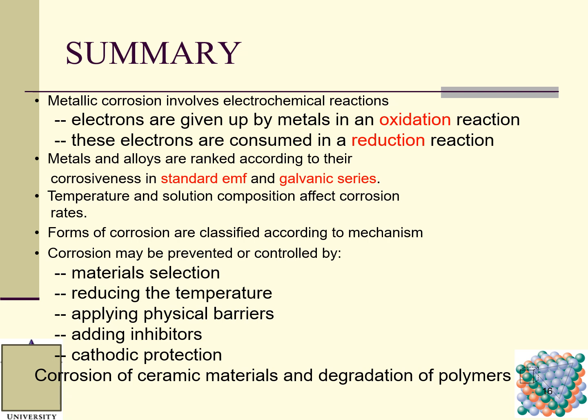Temperature and solution composition, or we can call it concentration, affect corrosion rates definitely. The forms of corrosion are classified according to mechanisms, right? Different mechanisms. And corrosion may be prevented or controlled by material selection, reducing the temperature, applying physical barriers, adding inhibitors, cathodic protection, and sacrificial protection. Then there is corrosion of ceramic materials and degradation of polymers.